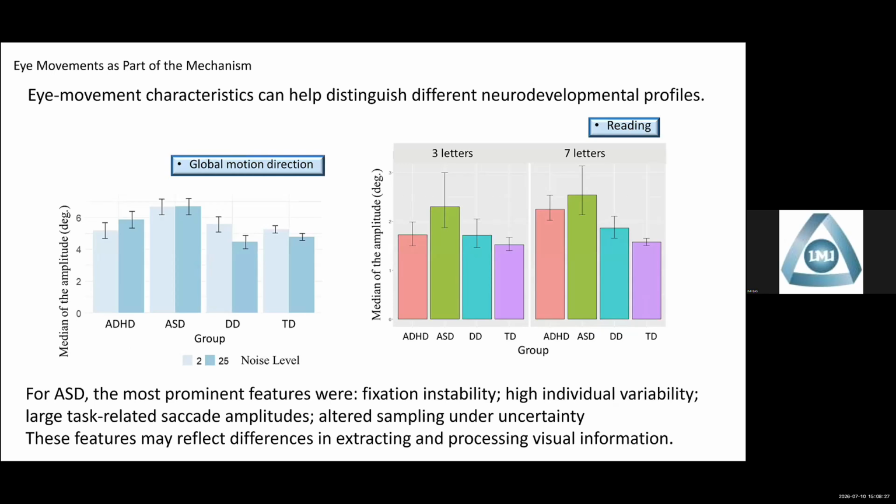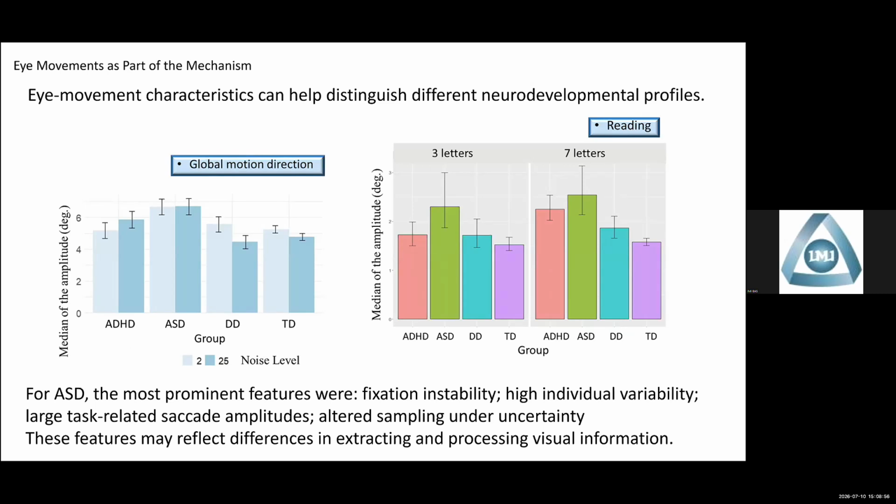I think it is interesting when through different experimental designs, different tasks, you can reach the same or similar results. The amplitude of saccades in both experiments, with global motion and reading, was the largest in the group with autism spectrum disorder.